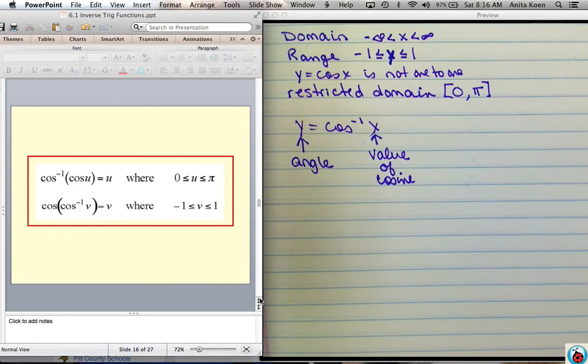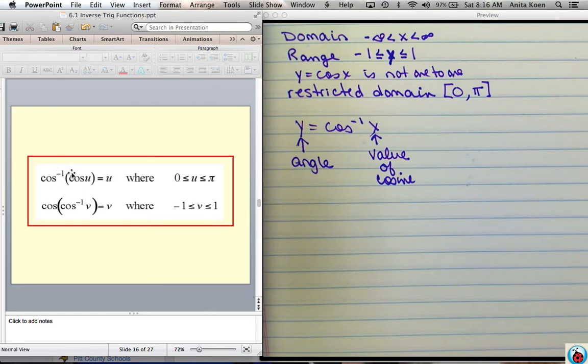All right, inverse functions undo each other. As long as we are in the restricted domain from 0 to pi inclusive, then the cosine of u, when it is input into the inverse function, they're going to undo each other, and we're just going to have u.